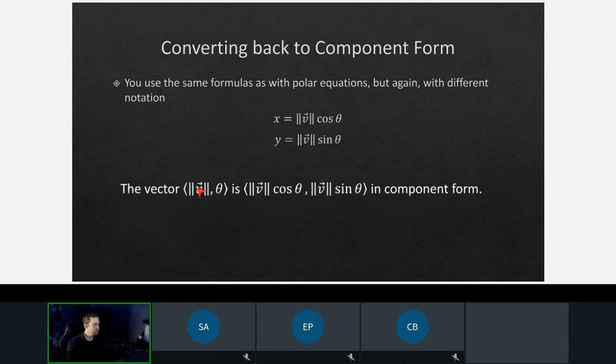So the conversion from magnitude direction form is this right here: magnitude of your vector times cosine theta, comma, magnitude of your vector times sine theta. You just type that in and hit enter. All of these are pretty much plug and chug.